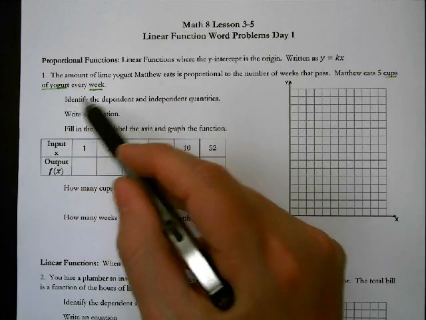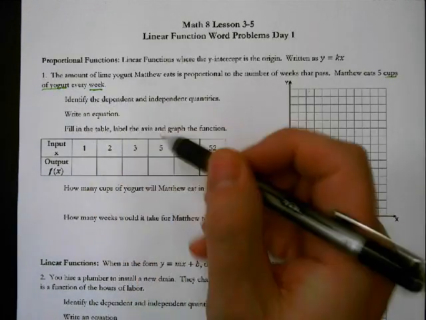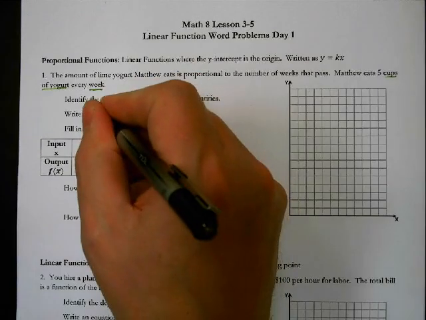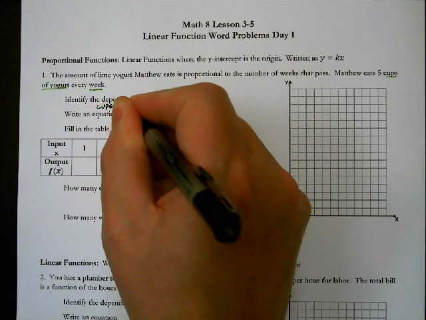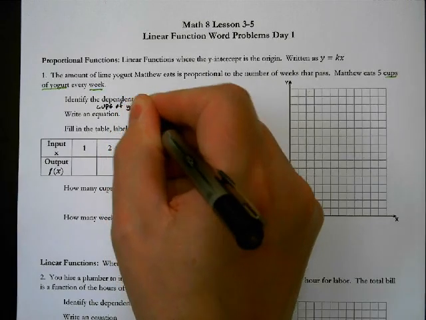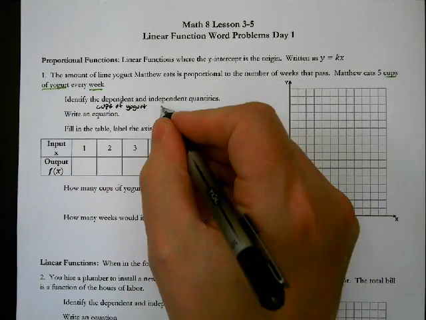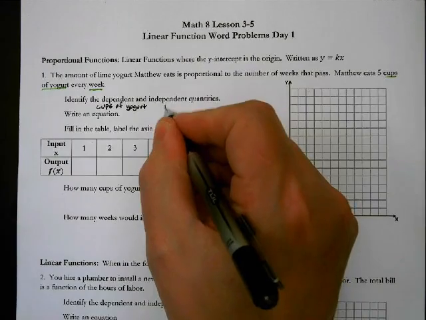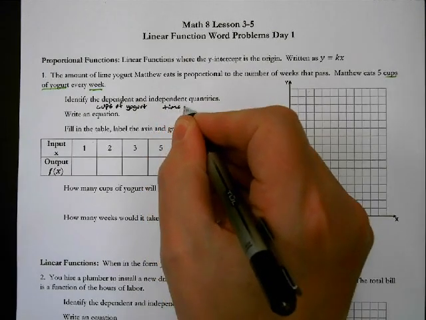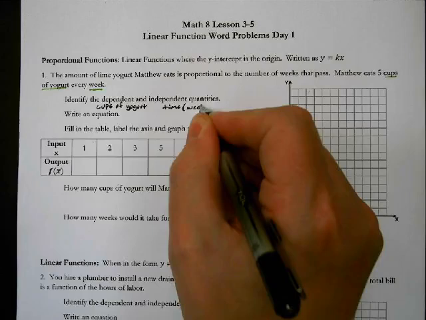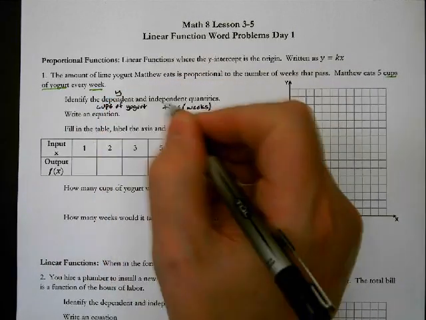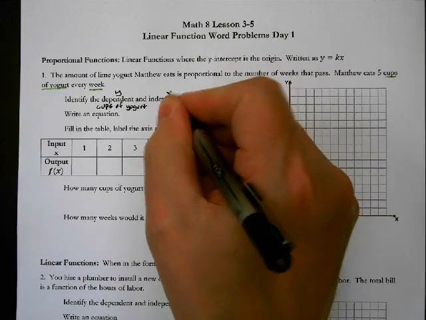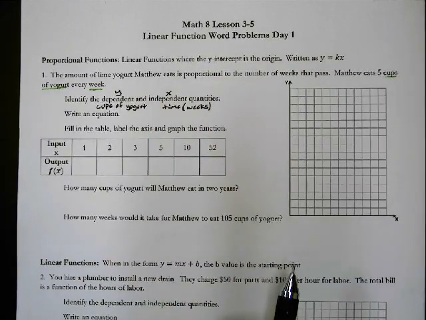The yogurt depends on how many weeks have gone by. So we would say that the dependent quantity is the cups of yogurt, and the independent quantity would be the time in weeks. Now, the dependent quantity is usually our y-axis, and the independent quantity is our x-axis.